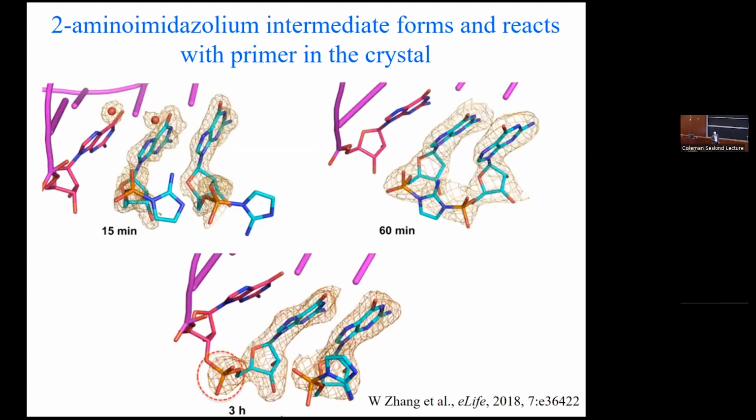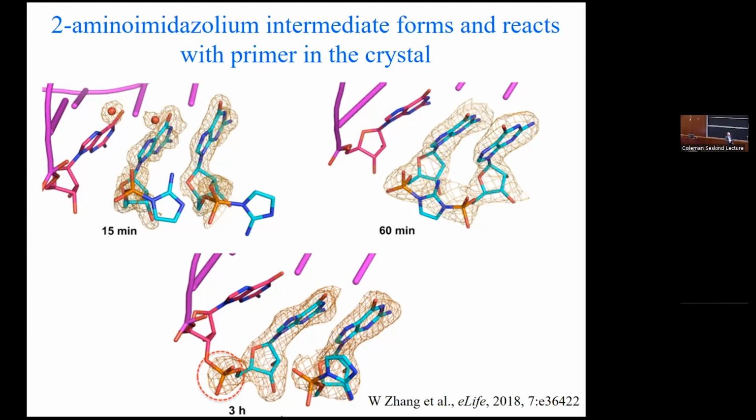So we've worked on that quite a lot over the last 5 years. It's a lot of detailed reaction kinetics, which I don't have to go into. But I couldn't resist showing this slide because this is one of the most satisfying things I've ever seen in my whole career, which is a series of X-ray crystal structures. Basically, what was done, all by Wen Zhang, a former postdoc, was to take 2 pieces of RNA that will base pair with each other in the middle and have a little overhang at the end that is a template.